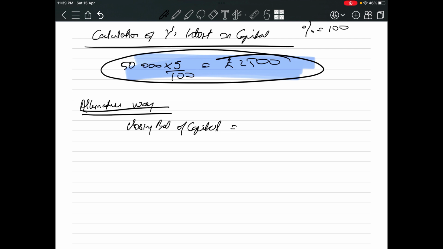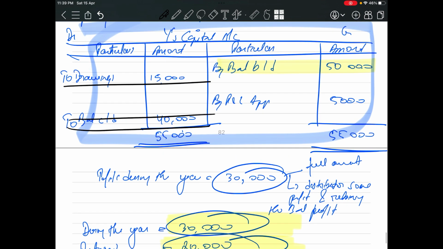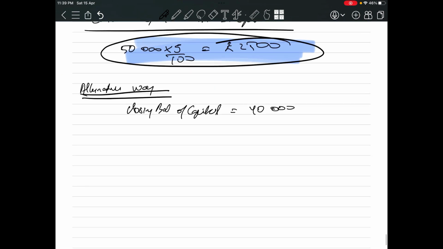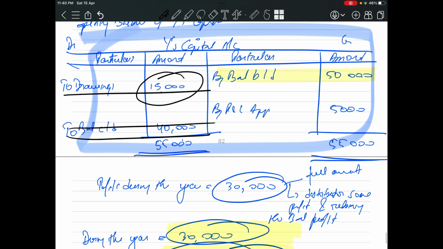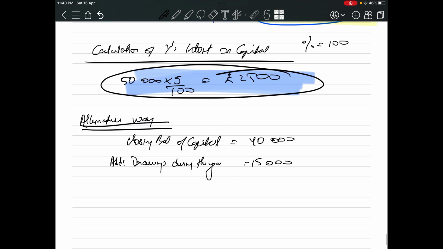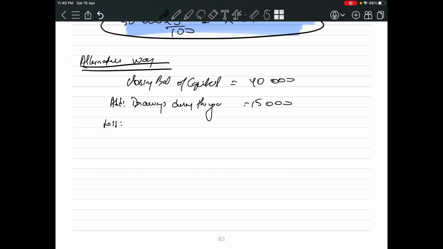The closing balance of capital is 40,000, and you will add the drawings during the year. What was the amount of drawings? 15,000. And out of this you will have to deduct the profits already credited.